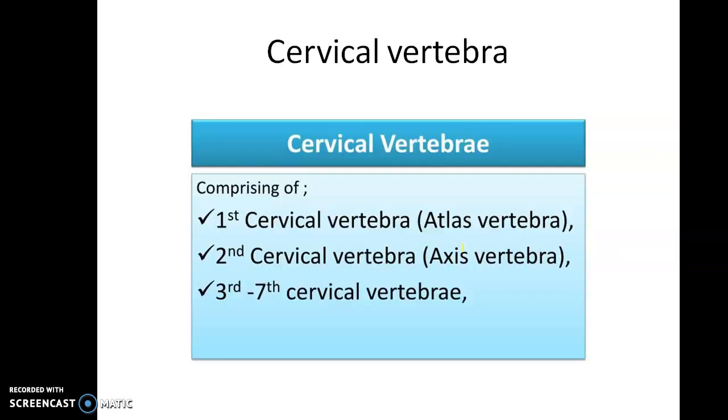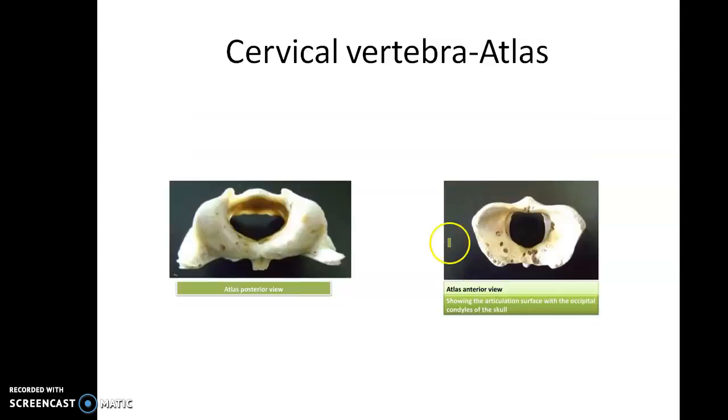Then the cervical vertebrae, which we had discussed earlier, are 7 in number. The first cervical vertebra is called atlas. The second cervical vertebra is called axis. All the mammals have 7 cervical vertebrae.